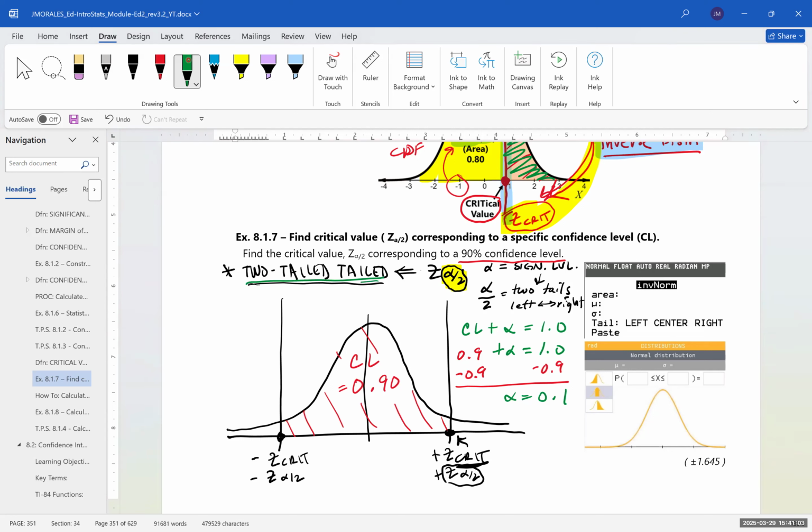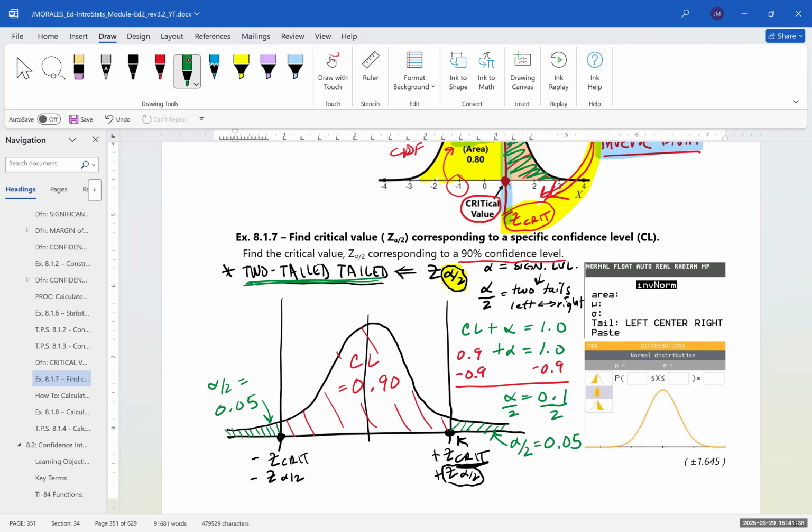Remember, this is 2-tailed. So we have to take this significance level and split it into 2 equal pieces. So 0.1 divided by 2 is going to be 0.05. So 0.05 is the area in one tail, and 0.05 is the area in the other tail.